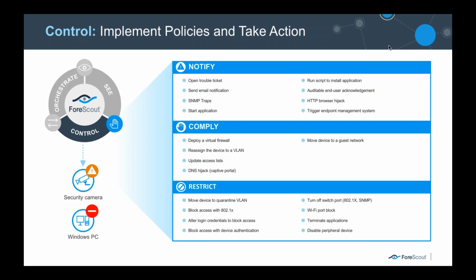A Windows PC would be identified, in this case, as a non-managed PC and have no network access. If it was a managed PC that was compliant, it would be given access to the production network. But IoT devices such as security cameras, building management systems, door entry systems, etc., we're able to identify those and apply the appropriate level of access by segmenting their access to the network.